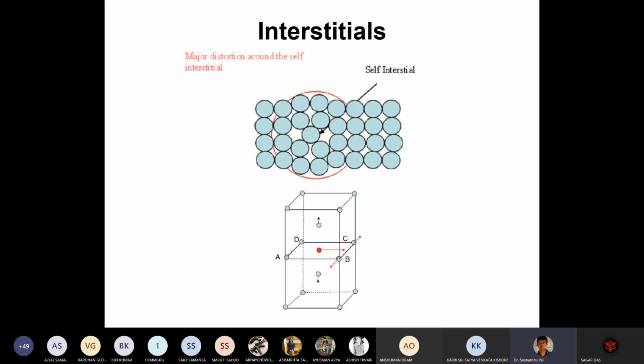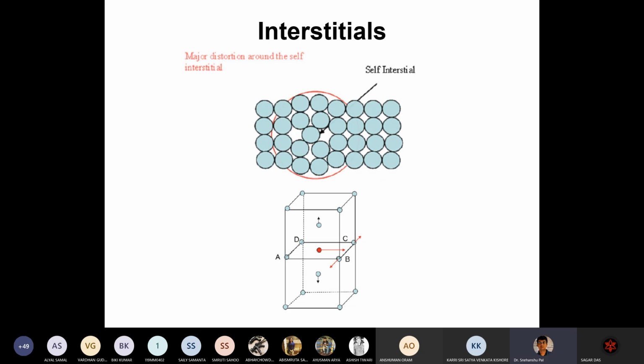Therefore, we can tell that this kind of defect is relatively uncommon in metal unless the material is subjected to irradiation. So self-interstitial kind of defects are not so common.